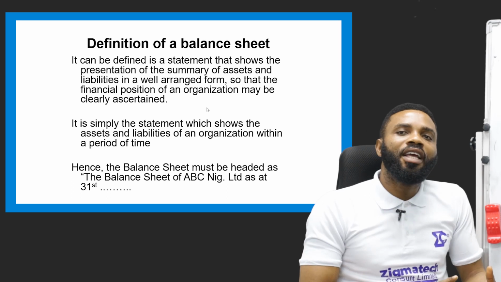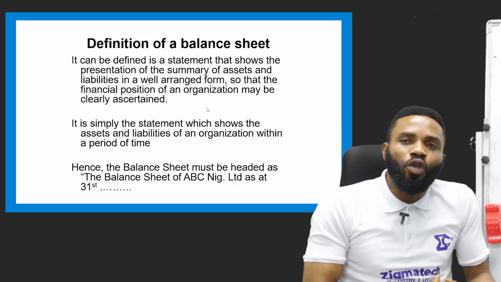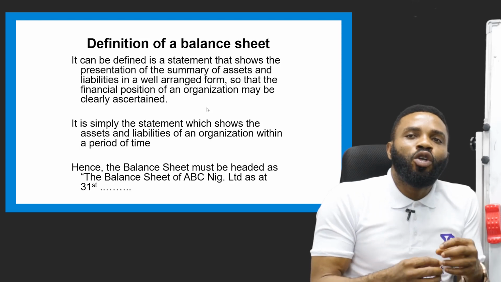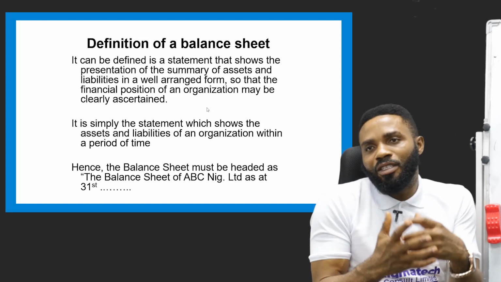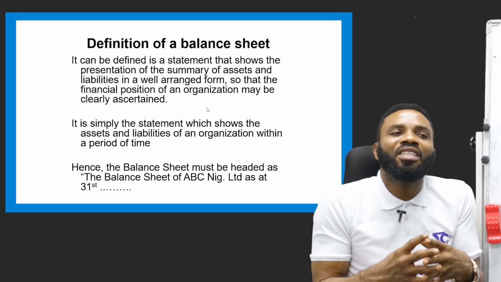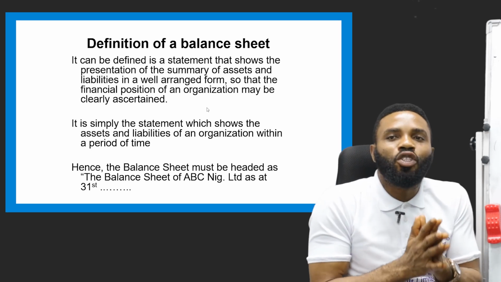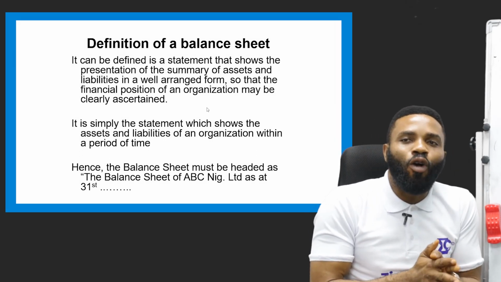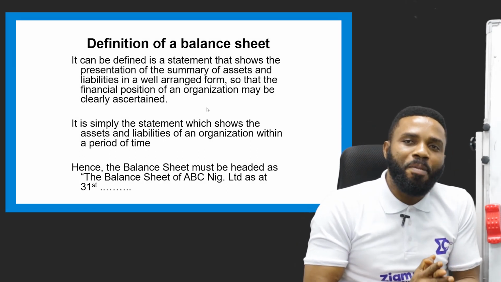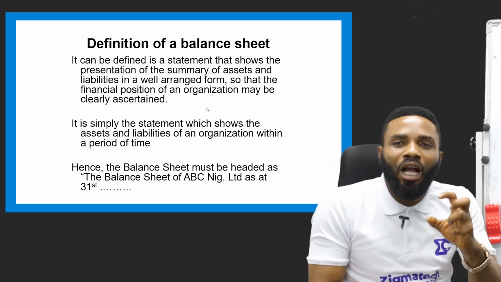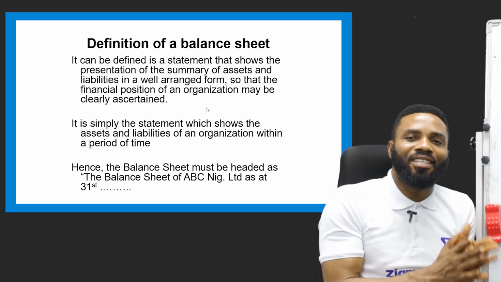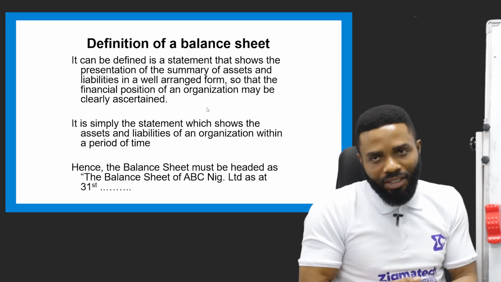That is to say that if you find it very difficult to retain the definition, maybe because it is bulky or very lengthy, you can put it in a very simple form: it is a statement that shows the assets and the liabilities of an organization within a period of time. When we talk about the financial position of an organization, we are just talking about their assets and their liabilities.